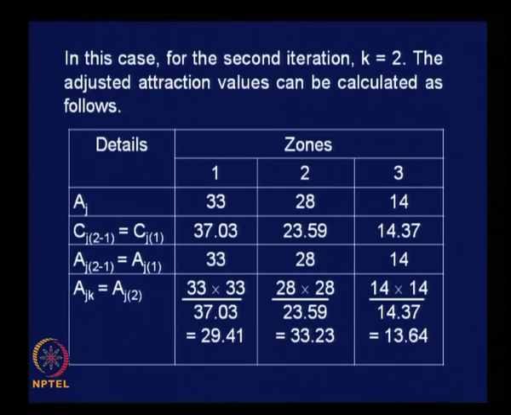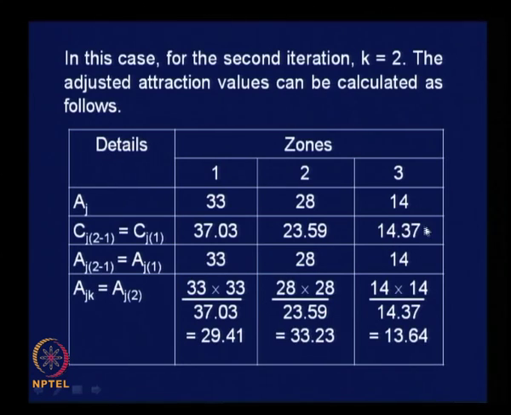And similarly, we have got a value of 23.59 as Aj2 instead of 28, a lesser value. The correction procedure has given us a high value. So when you put in this higher value, probably there is scope for increasing the value of Aj2. That is how the correction procedure works.